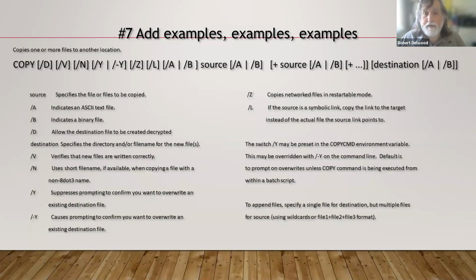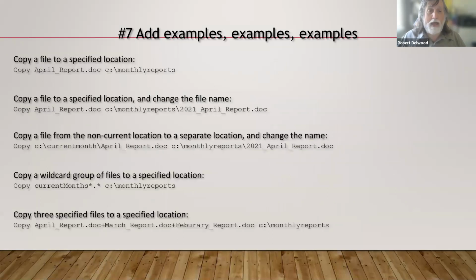Copy, source name, destination. There's a few other filters here, but we can explain those by way of example too, which I don't have here. Sorry about that. But these 5 examples do almost a complete job at explaining everything.